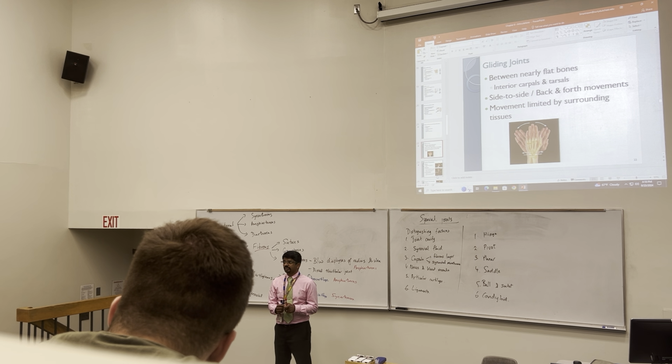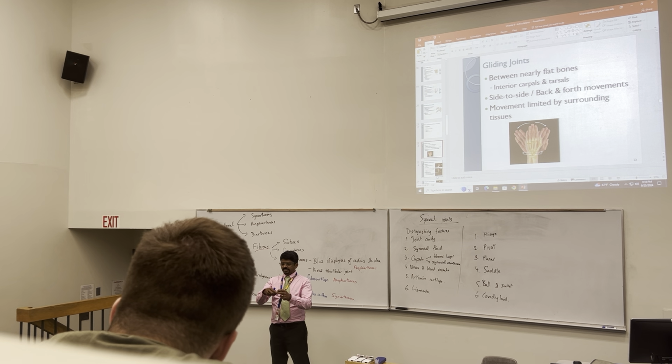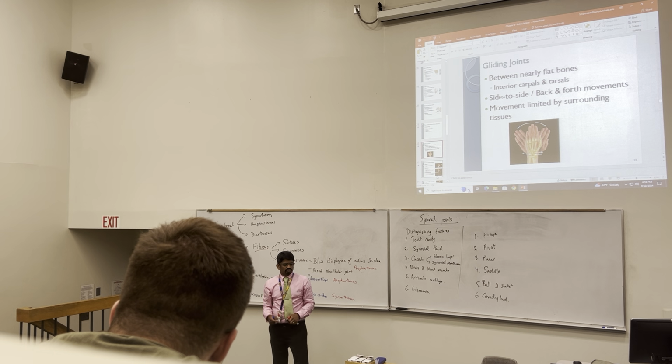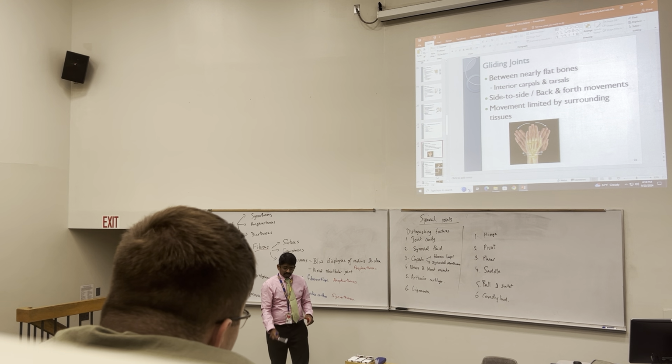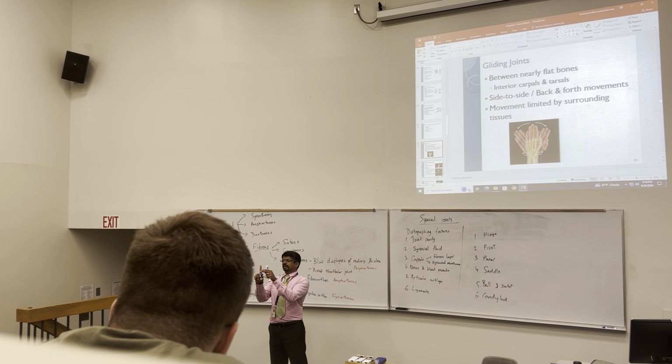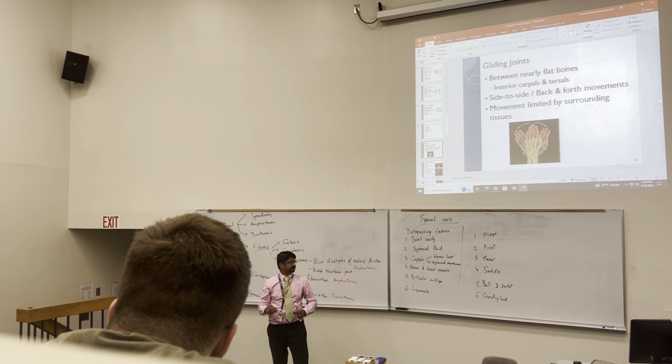The trochlea and the trochlear notch. The trochlea is actually a little cylindrical structure, almost like a little cannon, that will fit the trochlear notch of the ulna. That becomes a hinge joint. Our knees, even our interphalangeal joints, are also hinge joints.